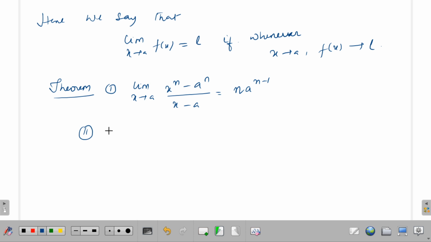Similarly, for number 2, limit of x tends to 0, sine x divided by x is 1. And for number 3, limit of x tends to 0, 1 minus cos x divided by x is 0. So these are the three theorems that you should know.